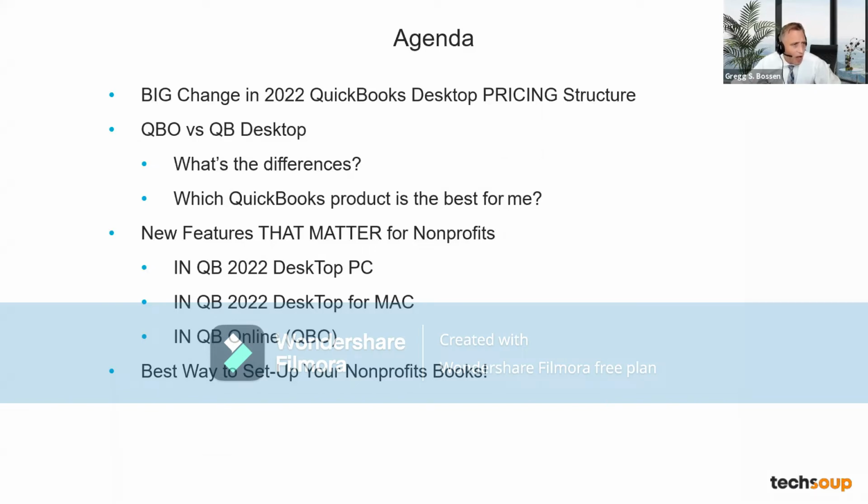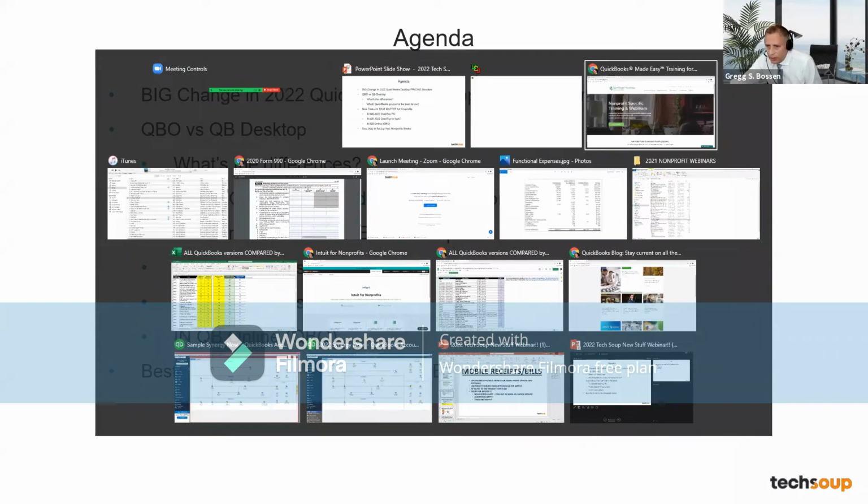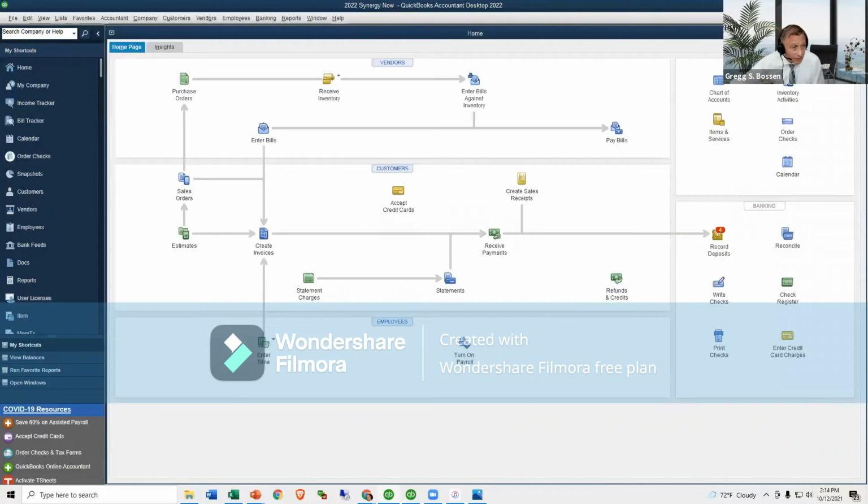Thank you. All right. So this poll, I want everybody to answer the poll. Which QuickBooks product are you using? QuickBooks Desktop for PC, which, by the way, if you're confused, QuickBooks Desktop for PC looks like this. QuickBooks for the Mac, this is a desktop product that is for people that have a Macintosh.